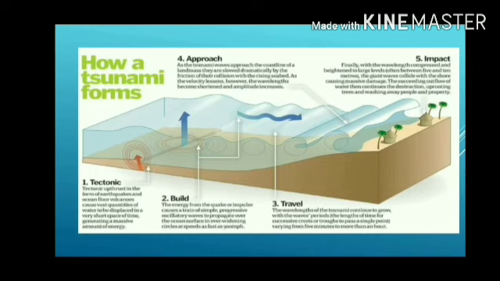Next, number 4 scenario, the approach. As the tsunami waves approach the coastline, so kung malapit na siya sa coastline, no, sa seashore of a landmass, they are slowed dramatically. So, meron ng slowing arrangement of waves pag nakarating na siya sa coastline, by the friction of their collision with the rising seabed.